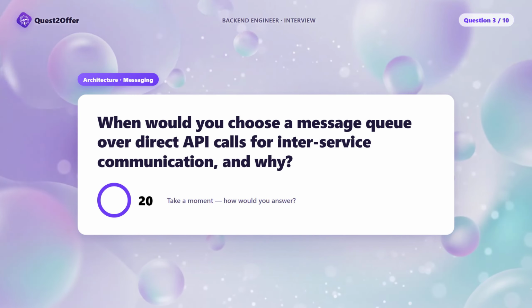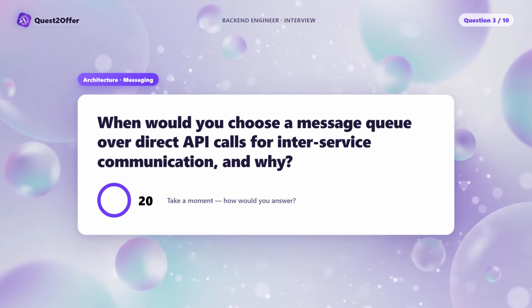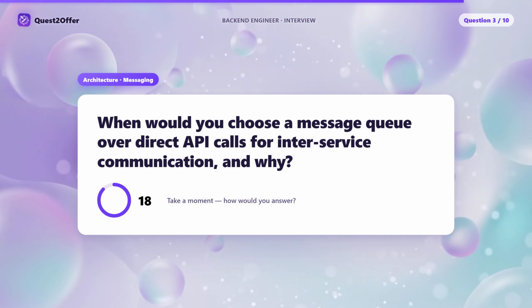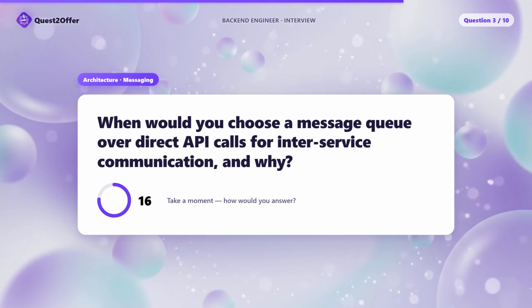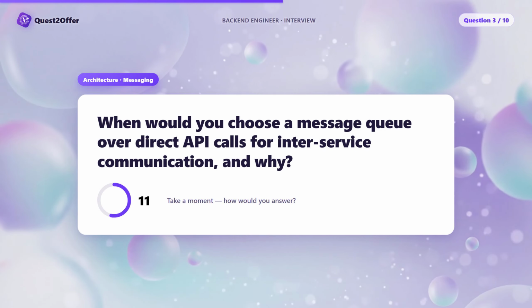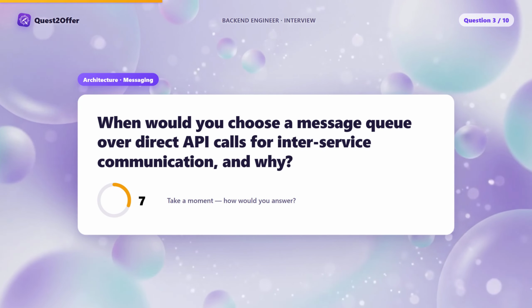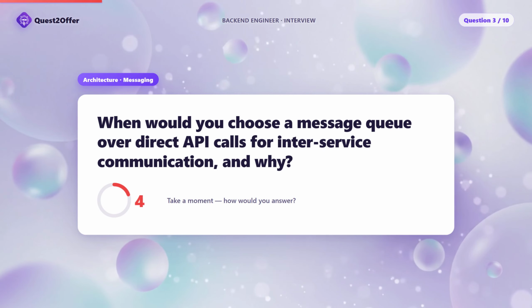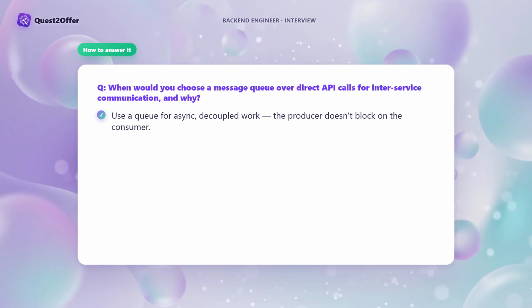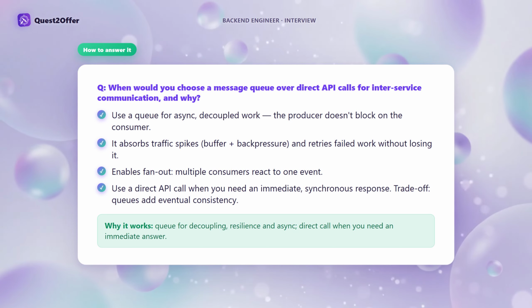Question 3. When would you choose a message queue over direct API calls between services, and why? Reach for a queue when the work can be asynchronous and you want to decouple services.